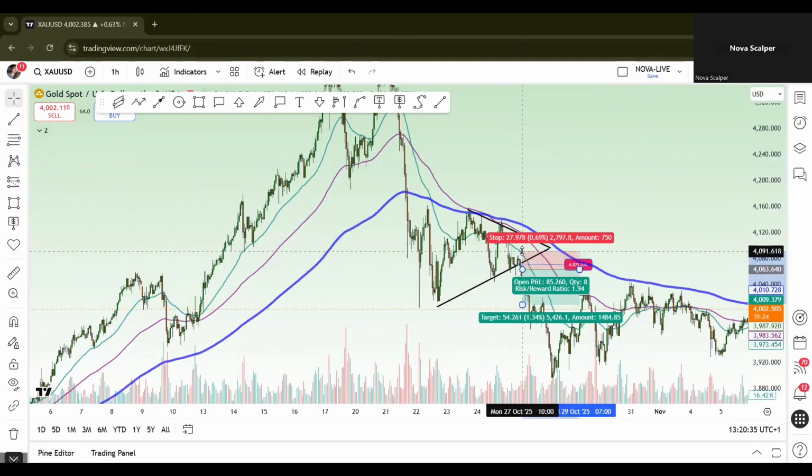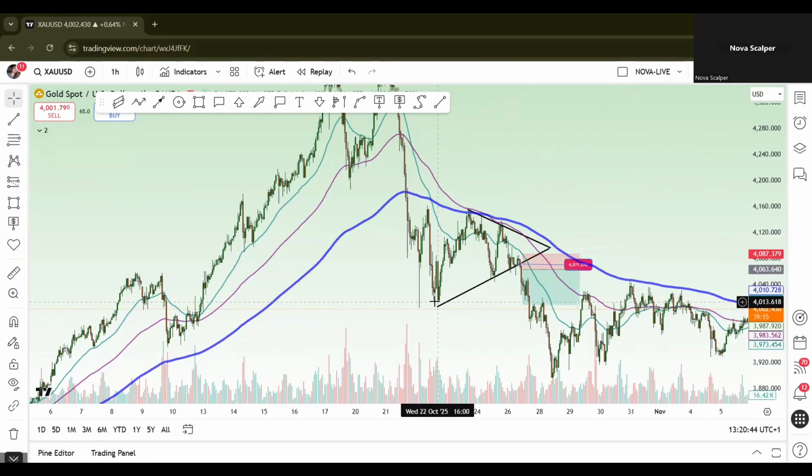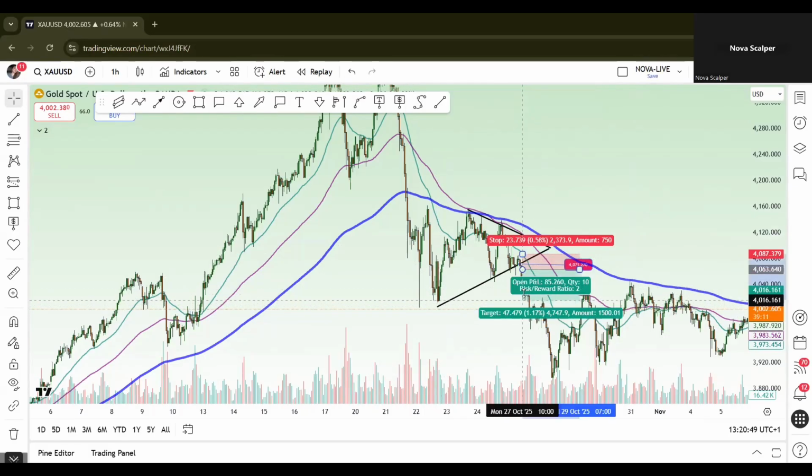This is where 4087. And for the stop loss, we can set it at the nearest high, nearest low, or the longest low.